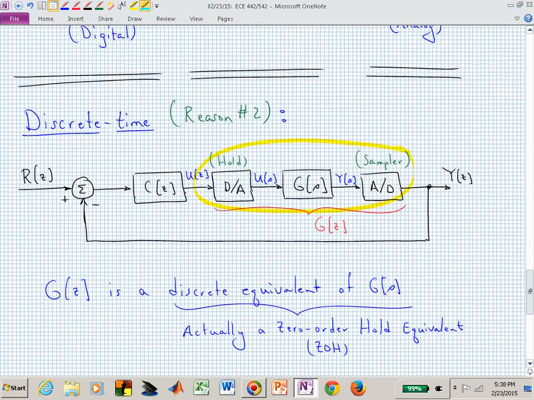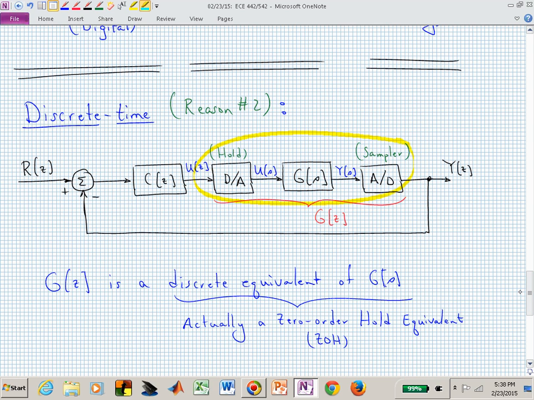The second reason is when we have a plant that is now preceded by a D to A, maybe another hold device, and we want to combine all three of these pieces to generate one discrete controller G of Z. That's what we're going to concentrate on first, which is what we will talk about today.